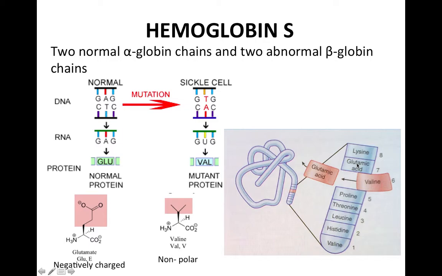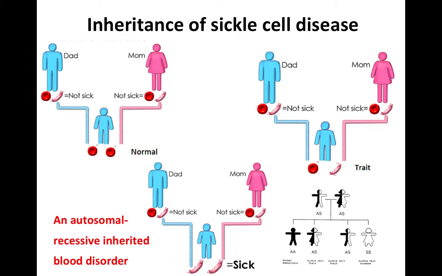So the change of glutamate to valine changes the charge of the total hemoglobin. If it is glutamic acid, it is highly negative; if it is valine, less negative. That means sickle protein has less negative charge, and normal protein has more negative charge.